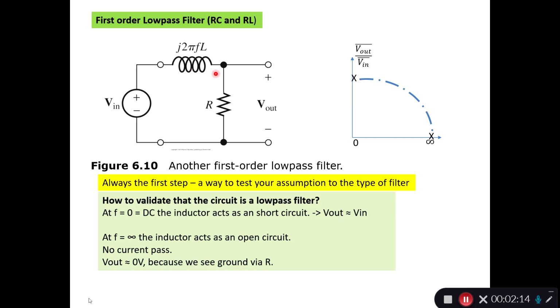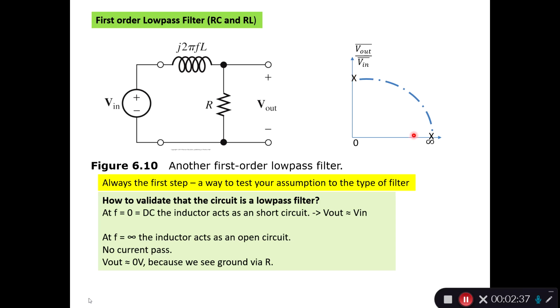So this is a short circuit, meaning that V in would actually be V out. So if V in is 1 volt, V out will also be 1 volt. 1 volt divided by 1 volt gives 1. So we are up on the graph here. The x we place here.